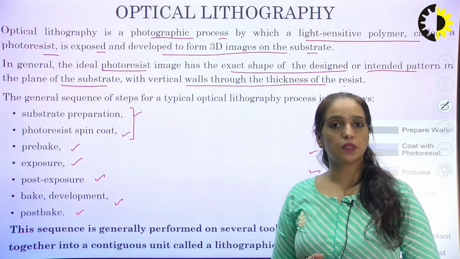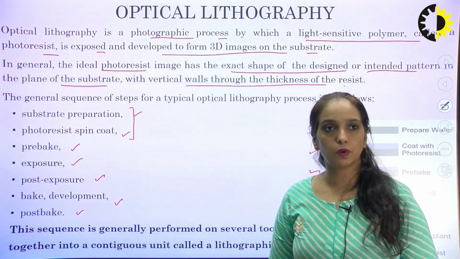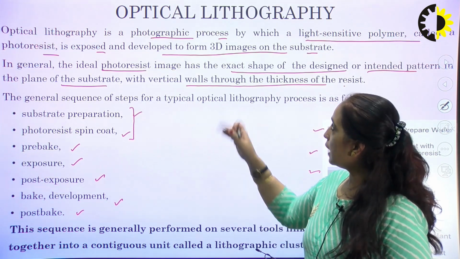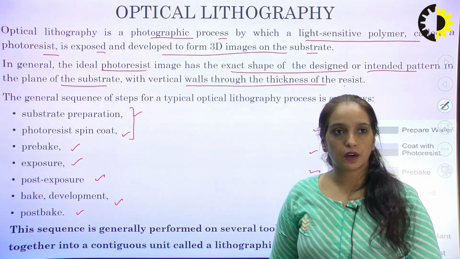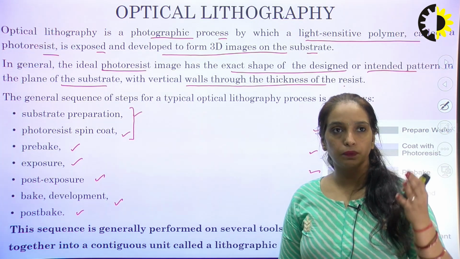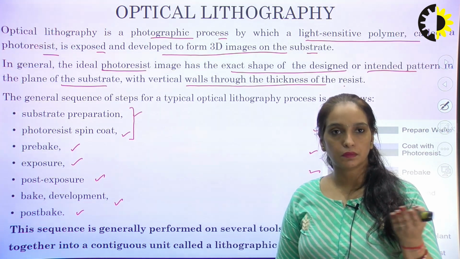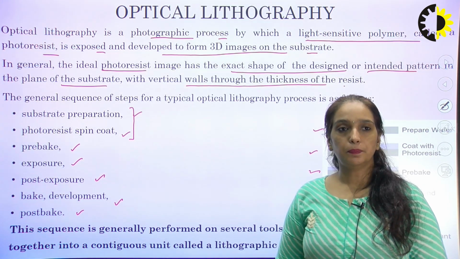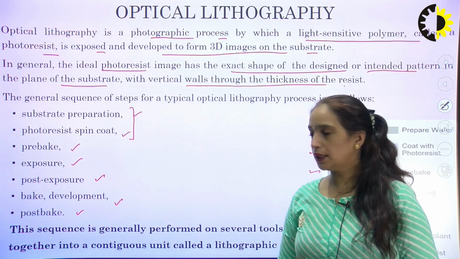Two types of photoresist materials we can use are positive photoresist material and negative photoresist material, right? And we have started optical photolithography, where we use UV light as the source and the photoresist material as PR.